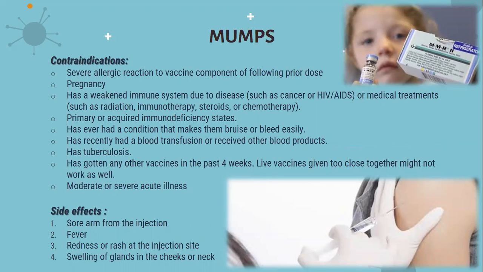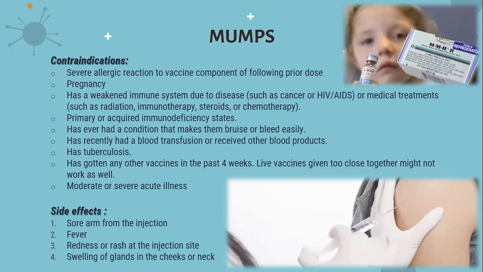Contraindications. Severe allergic reaction to a vaccine component or to a prior dose. So, syempre, kung sa first dose pa lang, may naramdaman ka nang allergic reaction, hindi ka na mag-uulit kasi baka maging mas complicated pa yung allergic reaction na nangyari. Then second is pregnancy. So yung mga pregnant woman is bawal.